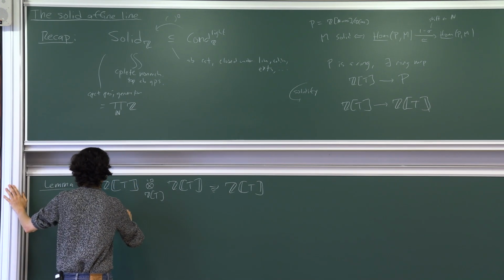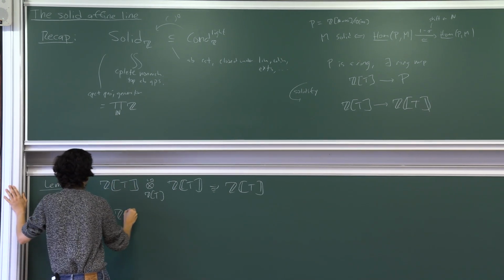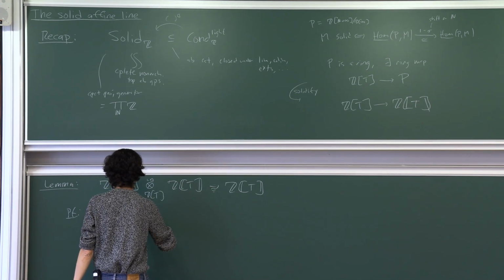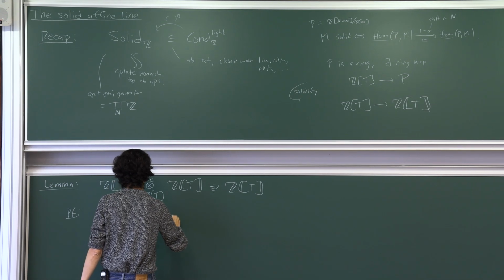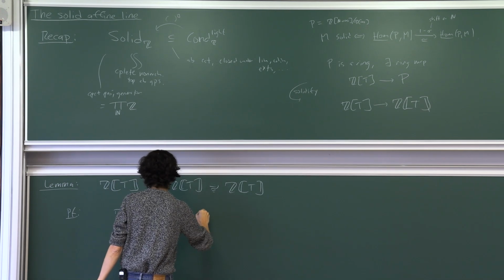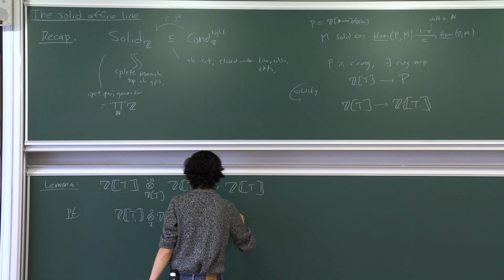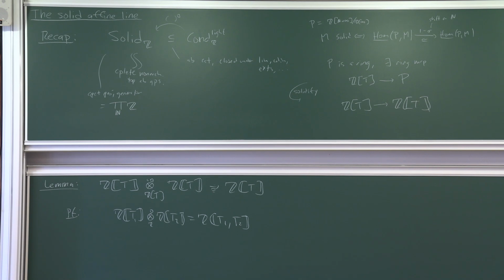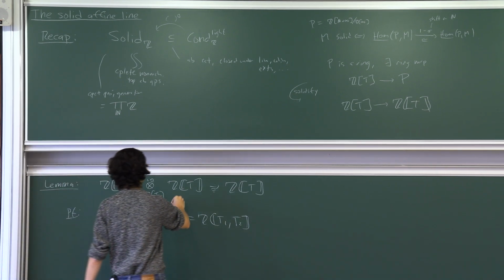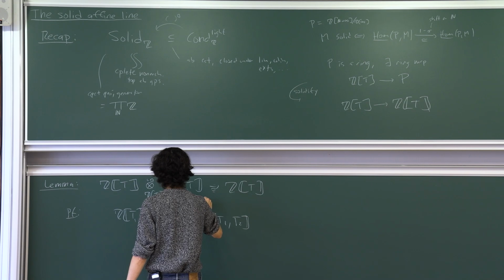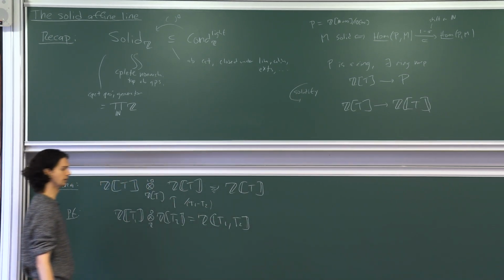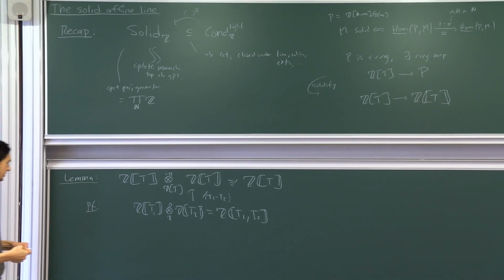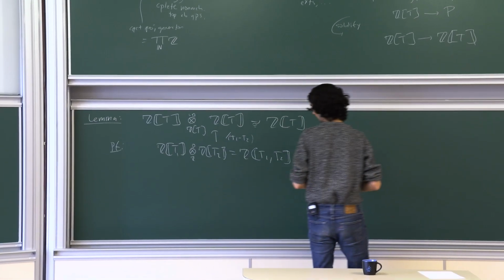So the proof: if you do Z power series in T1, tensor over solid Z, Z power series in T2, that's just Z power series in T1, T2, by the basic calculation of the solid tensor product. And then if you want to get to this, you just identify the two different variables, modding out by T1 minus T2. And the power series ring modulo T1 minus T2 is the power series ring in one variable.